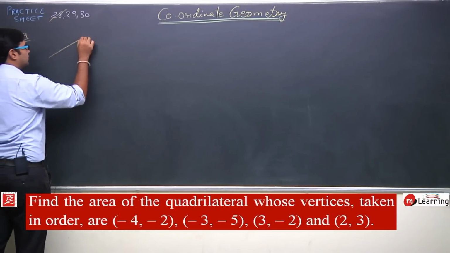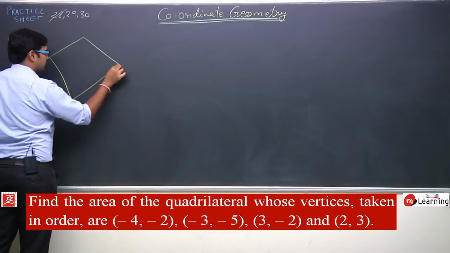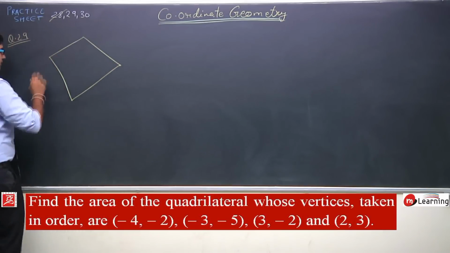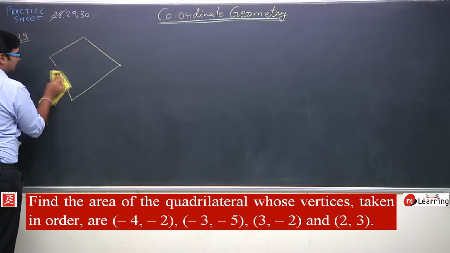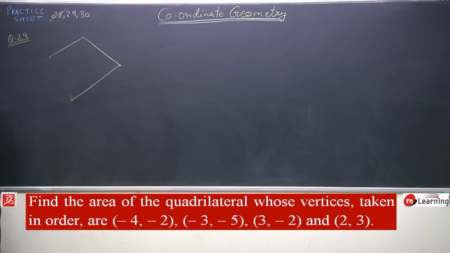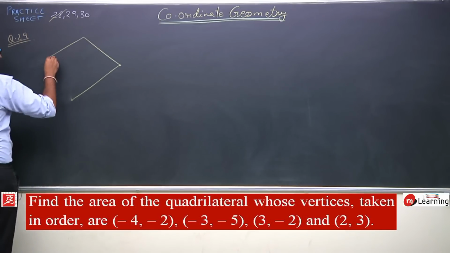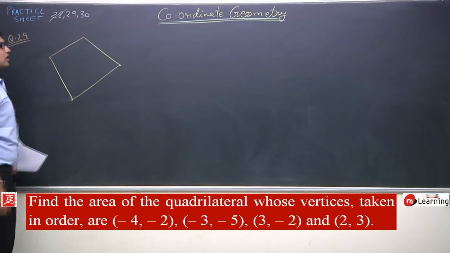In this way you can draw a generalized quadrilateral. It may look like some figure like a rhombus or a parallelogram, but you cannot consider it as a parallelogram or a special kind of quadrilateral. You need to consider it as a simple quadrilateral.